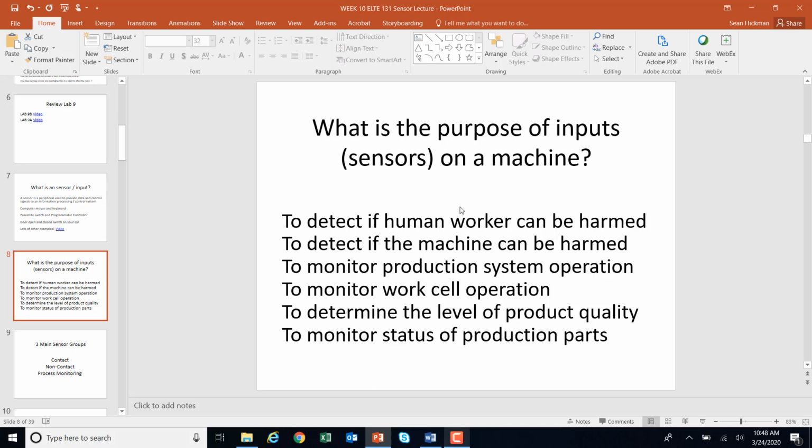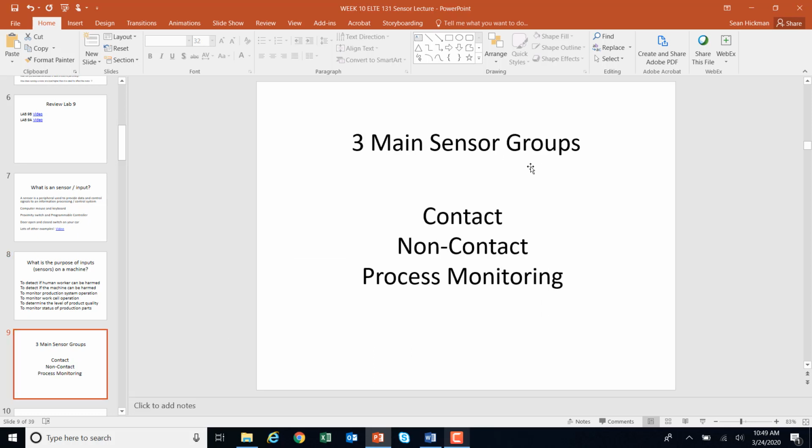So these are some of the items that are available and related to what you just watched in that last video. Okay. In this class, we're going to talk about the three main sensor groups, and what these are: contact. That means you have to physically touch them, and we've done some of this already.